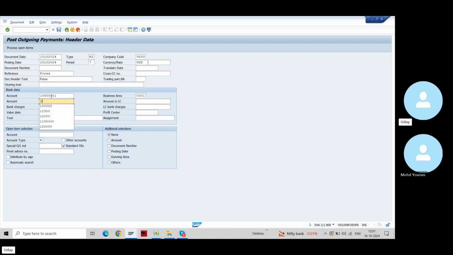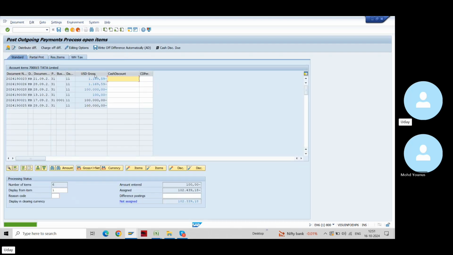What is my amount? $100. As I have given currency in USD, I'm giving the same denomination in USD only. Same vendor code. Process open items. Actually, I'm having different transactions in this ledger.